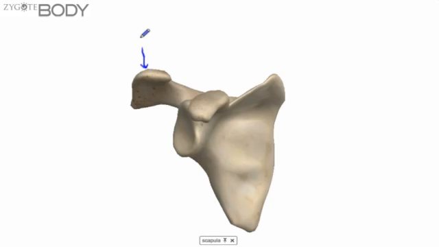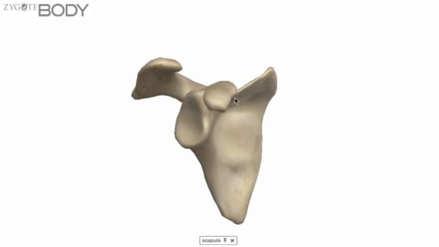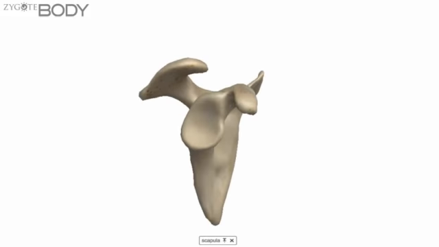One on the posterior side is called the acromion process. This process here, and then located on the anterior side of the scapula, you find another very important process. This is the coracoid process.